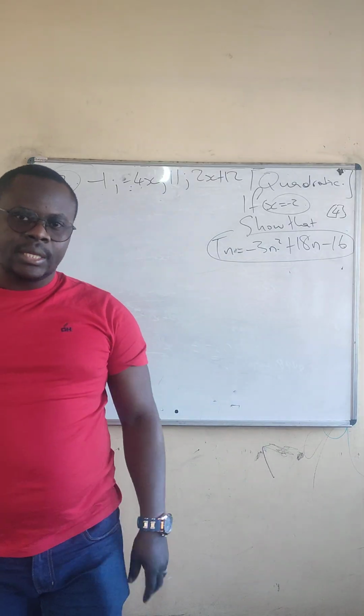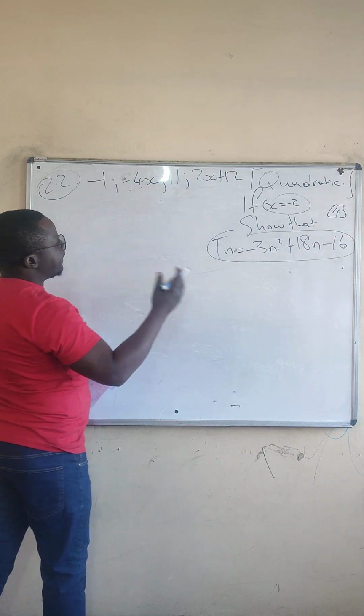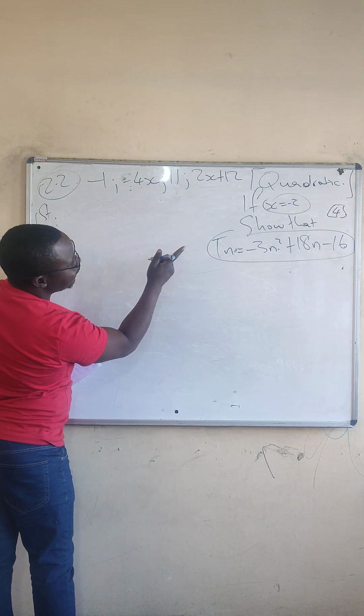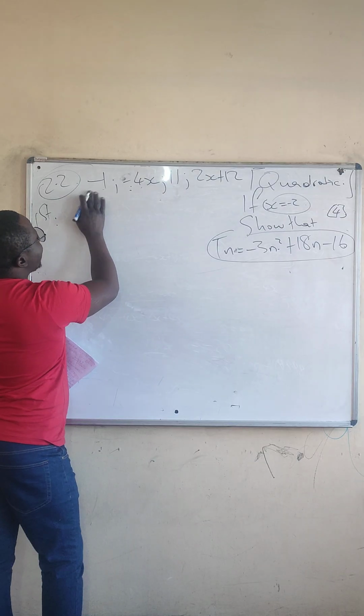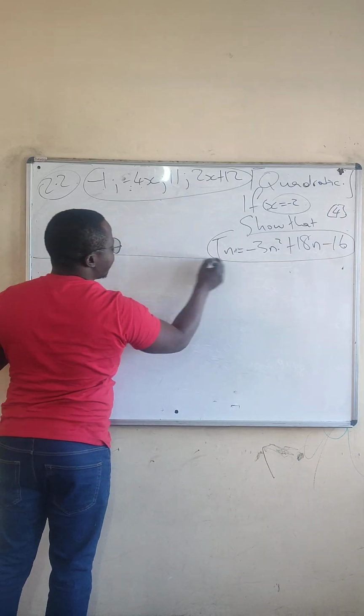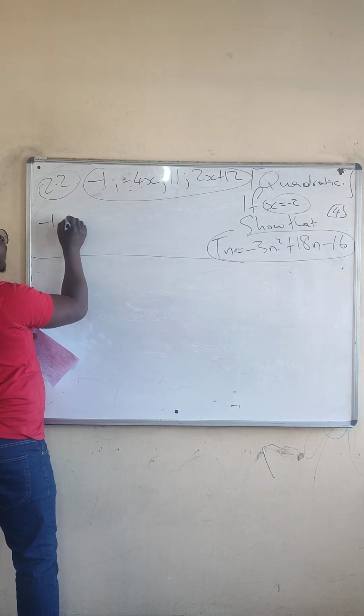How do we show that? Let's go ahead. We are going to have to understand our first differences. If x is negative 2, let's rewrite the sequence first. Our sequence is going to be minus 1.